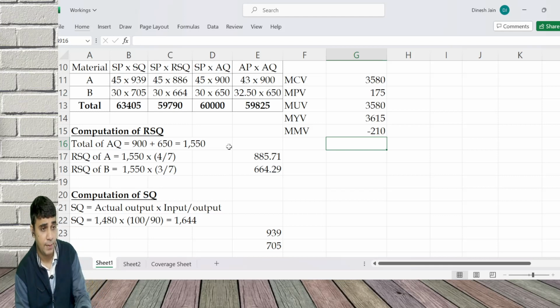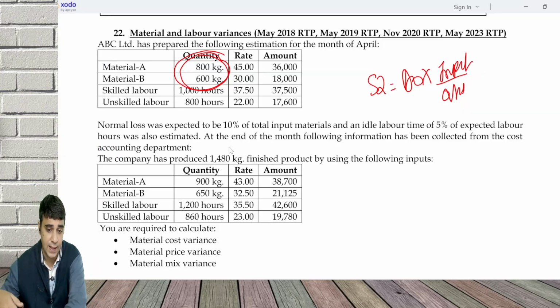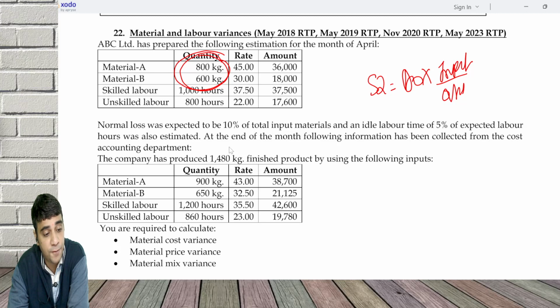Okay, now coming to labor variance, let's first understand. Question says an idle labor time of 5% of expected labor hours was also estimated. See, when I did my planning, I am telling that 5 percent of the time will be idle. This is during the planning exercise itself. If you do more than 5%, that only is idle time.